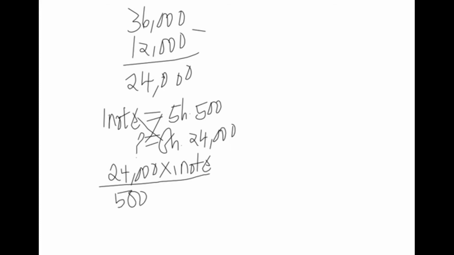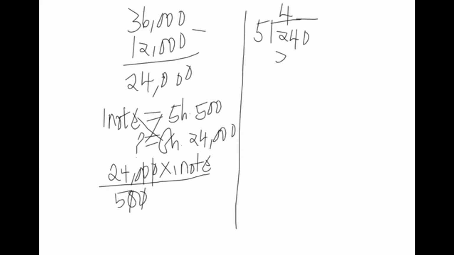So these 2 zeros cancel. We have 240 divided by 5. 5 into 24 is 4, giving us 20. We remain with 40, so this is 8.